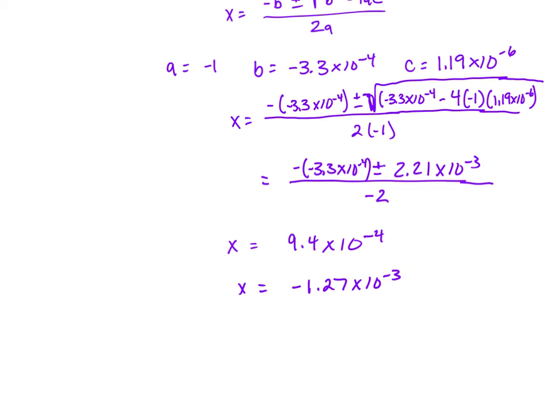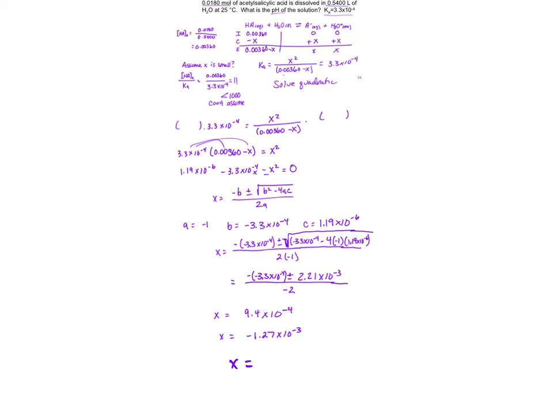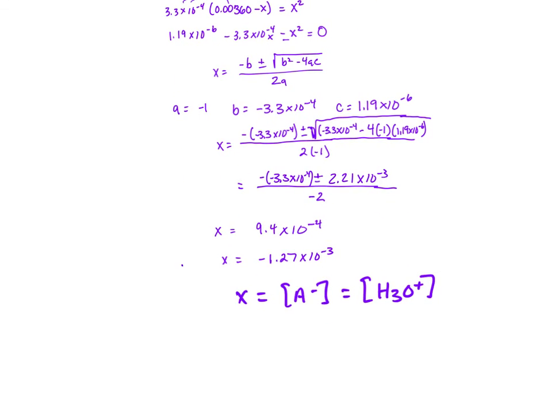And we know from our ICE table that X is going to be equal to the concentration of the conjugate base, which is going to be equal to the concentration of H3O+. And concentrations can't be negative, so the second answer, that's a minus answer, cannot be right, which means that X is going to be equal to 9.4 times 10 to the minus 4.